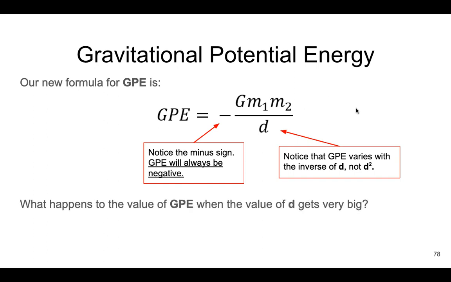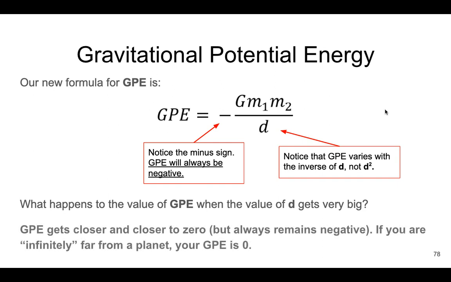So what is going to happen to the value of GPE when the value of d gets very big? So when the distance between the two things starts to get very big, we're looking at the behavior of this function. As the distance, which is in the denominator, gets very big, we keep dividing by a larger and larger number, and that means GPE is going to get very small.